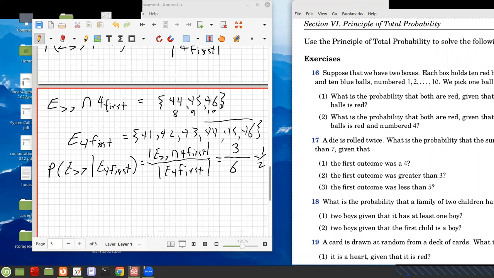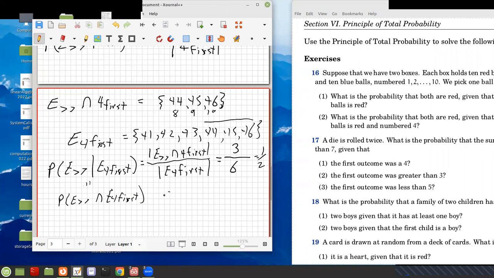I mean, we could divide it, for example, into 4 first, 4 not first. Yeah, that might be one possibility, so let's see how that would work. Basically, we'd use the definition of probabilities: the probability of E greater than 7 intersection E 4 first.